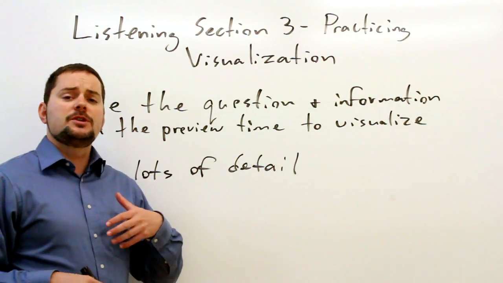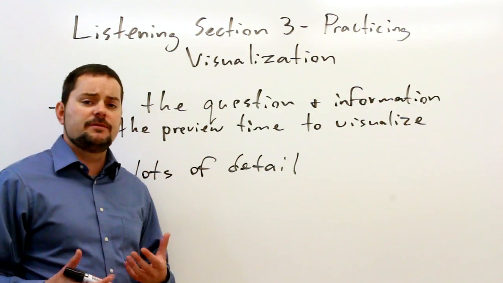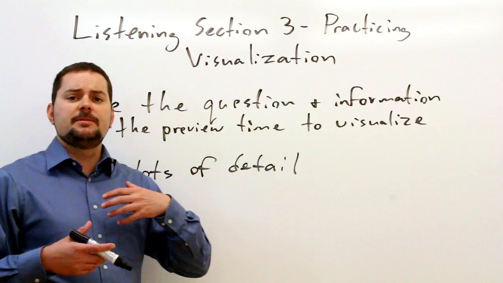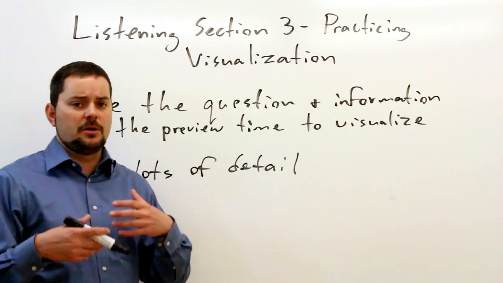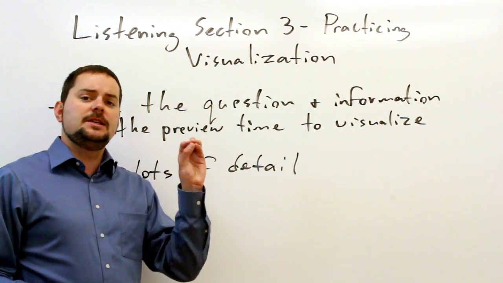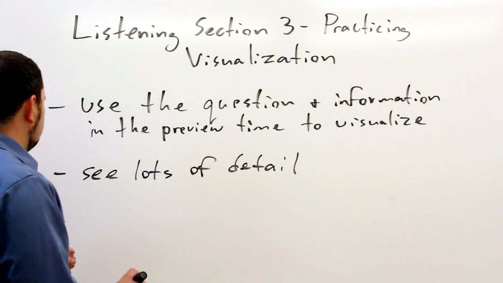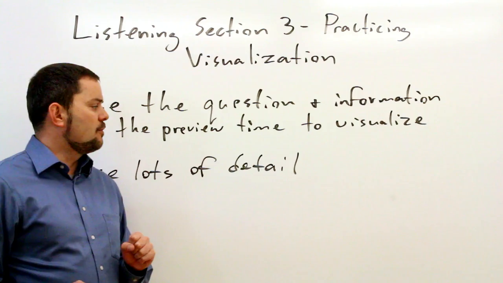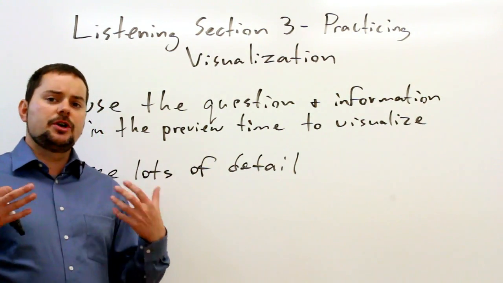Focus on those. Focus on types of clothing, colors of clothing, for example, type of vehicle, type of building, what the windows look like, what the doors look like. So try to see details as you listen. It's very important. And then, of course, make sure that your pictures are connected.